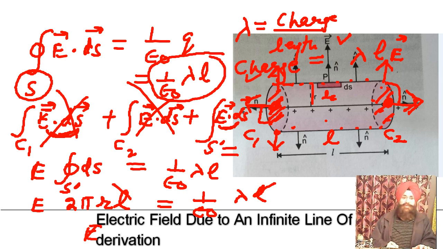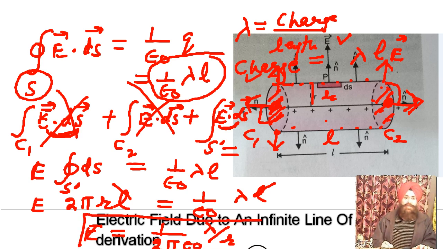So E becomes 1 upon 2 pi epsilon naught, lambda upon r. So this is the final result for the electric intensity due to the infinitely thin wire at any point. It will be perpendicular, along y, and it is 1 over 2 pi epsilon naught, lambda upon r.